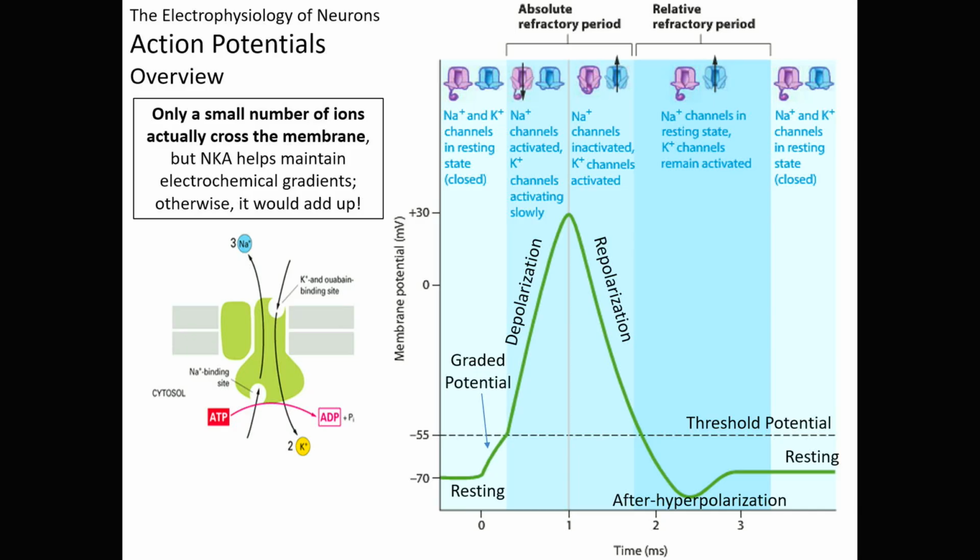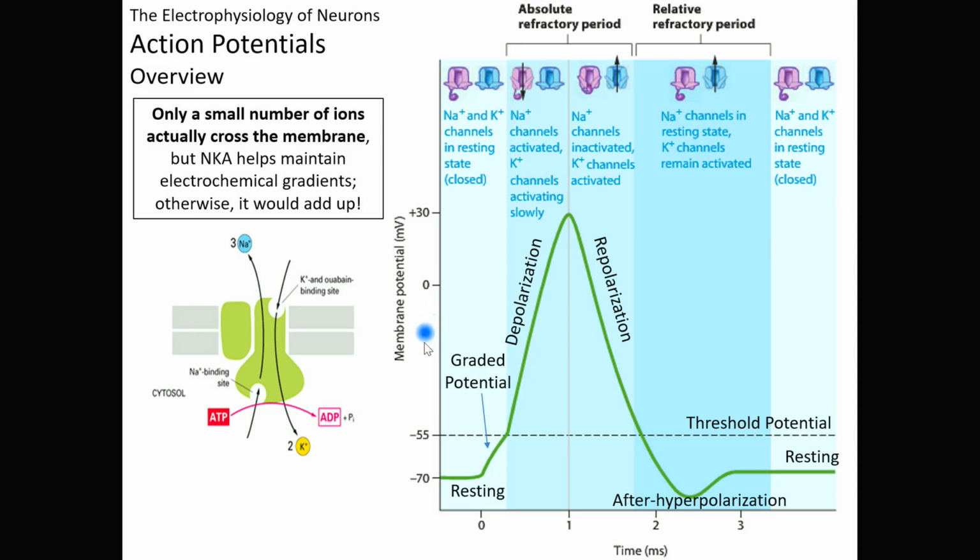Now, another point I want to drive home, and I've driven this point home before, so it's more of a review. Again, we acknowledged earlier in the course that only a small number of ions actually have to move across the plasma membrane to cause a significant change in membrane potential, right?